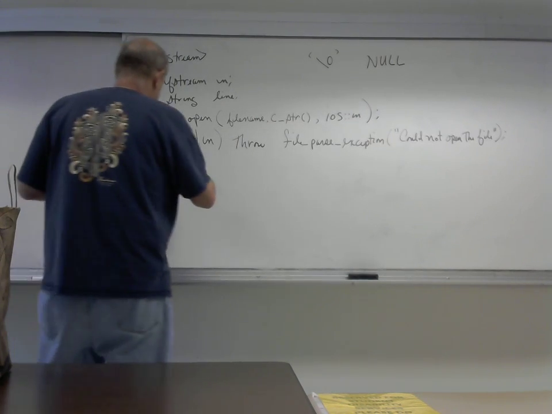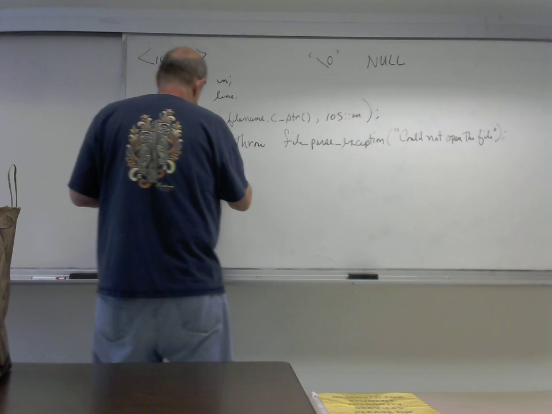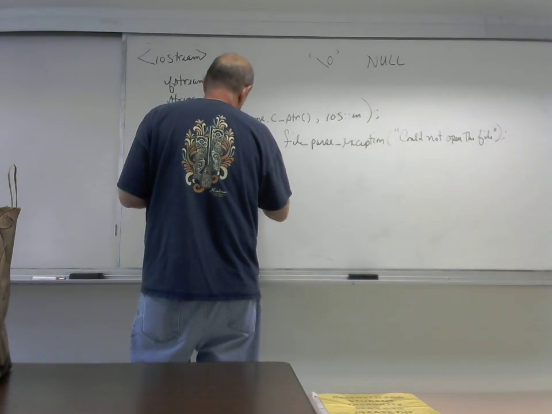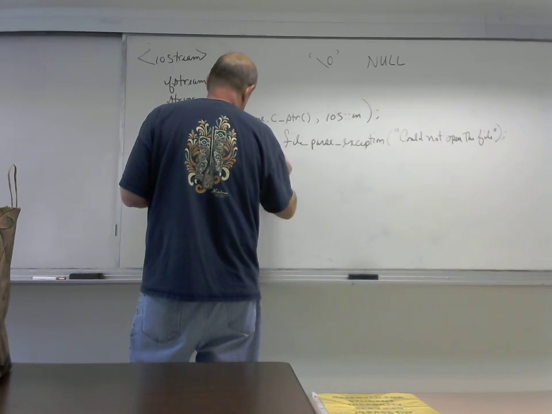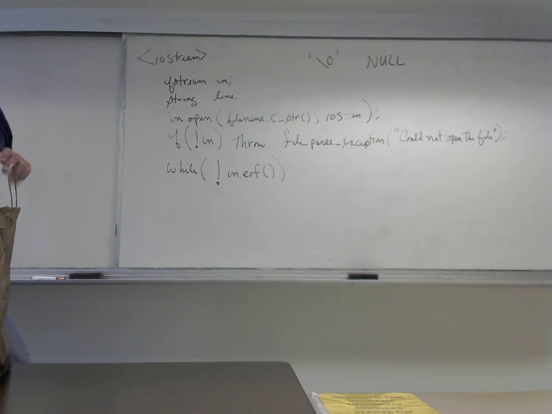So now we know it exists while not in .eof. So this EOF method returns true when you're at the end of the file. So while we're not at the end of the file, do.